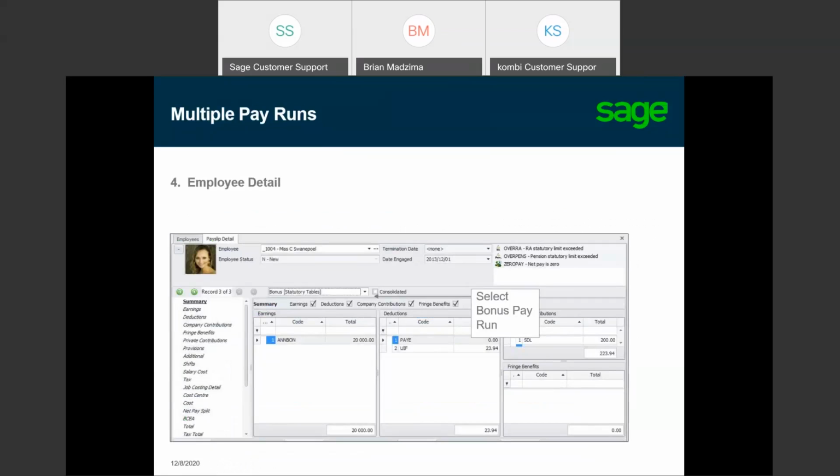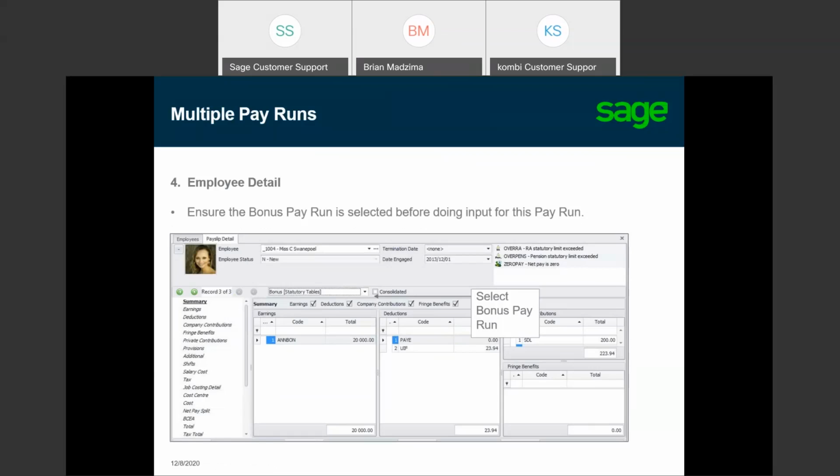On employee detail, as we discussed, when you have a separate payslip, it will also result in a separate payslip on employee level. So if you have a look here on this employee's payslip detail under summary, we are currently on the bonus payslip. If you click on the drop down and let's say you have a main and a bonus pay run, you can then alternate between the two payslips there on the payslip detail level.